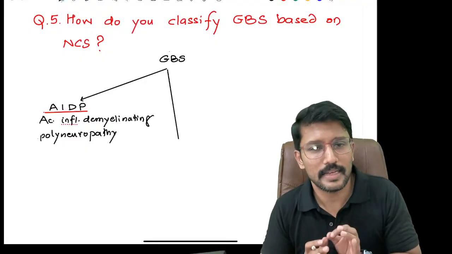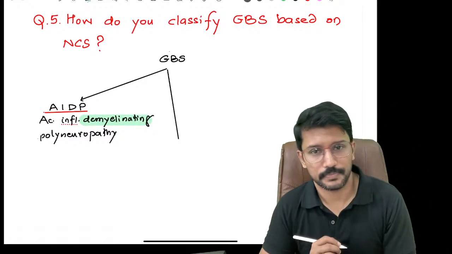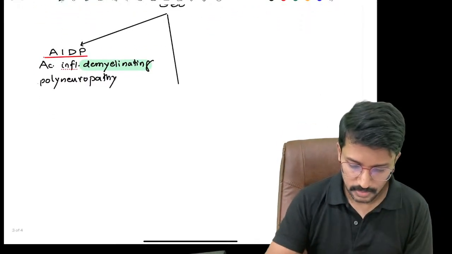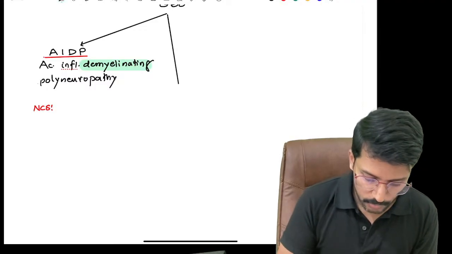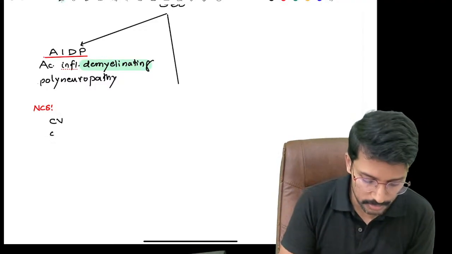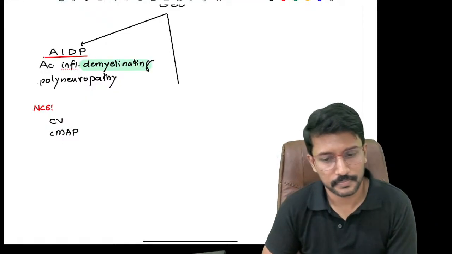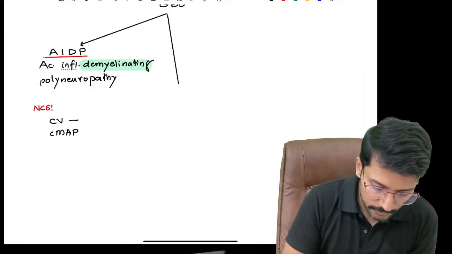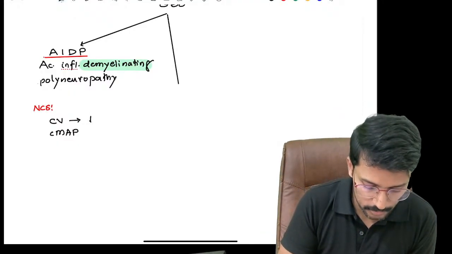Okay. Now AIDP, as the name says, it is a demyelinating variant. So in these patients, when I do nerve conduction study, you should tell me now what will happen to the conduction velocity. Here, damage is to the myelin sheath. So what will happen to the conduction velocity and what will happen to the compound muscle action potential? Yes. So conduction velocity will be decreased because it is a demyelinating disorder.